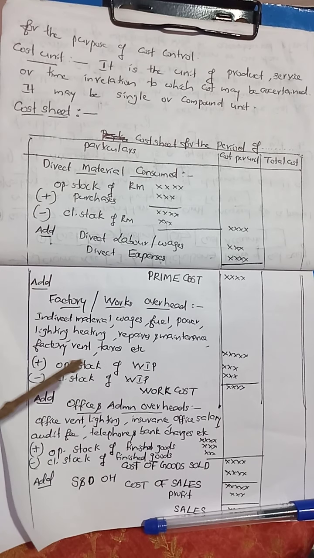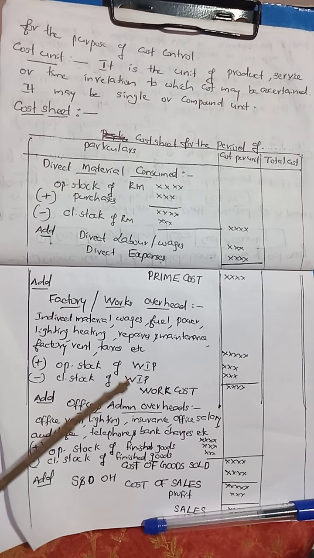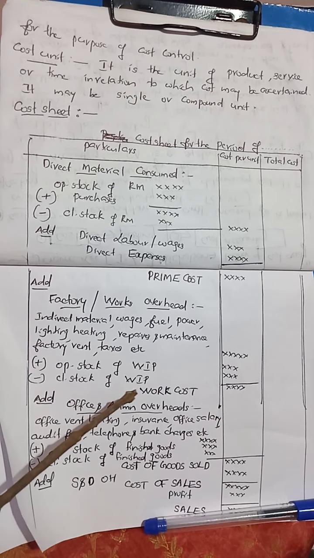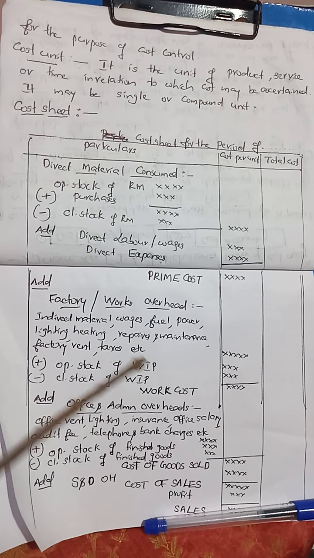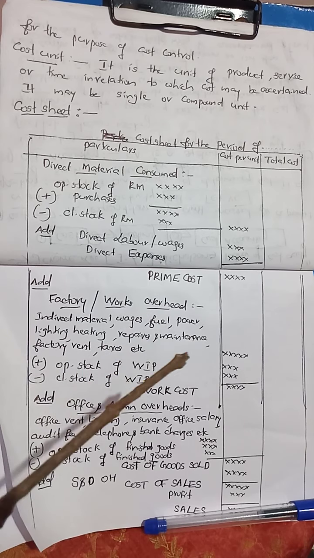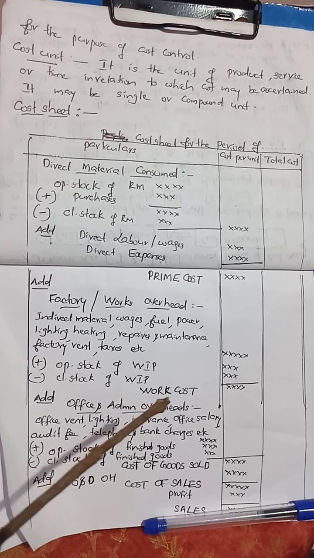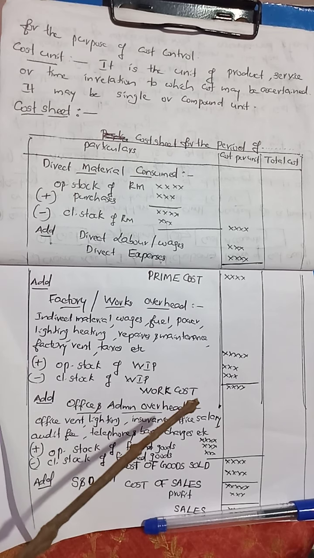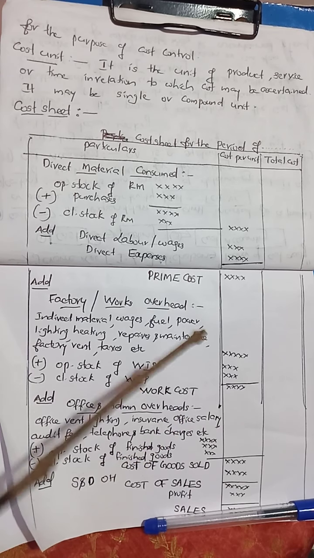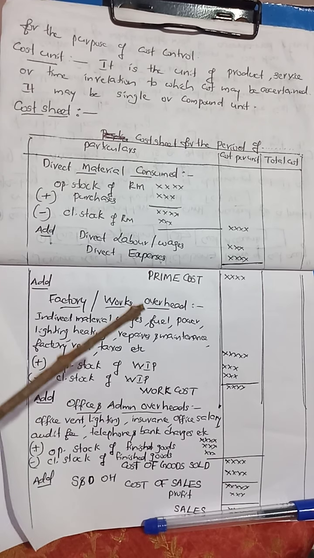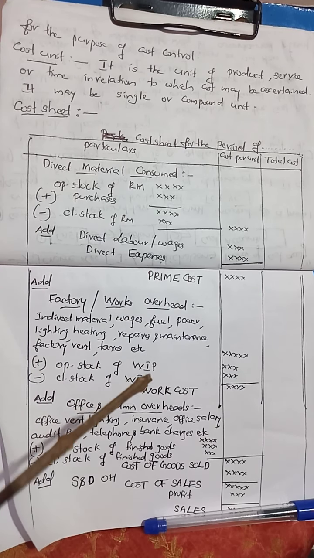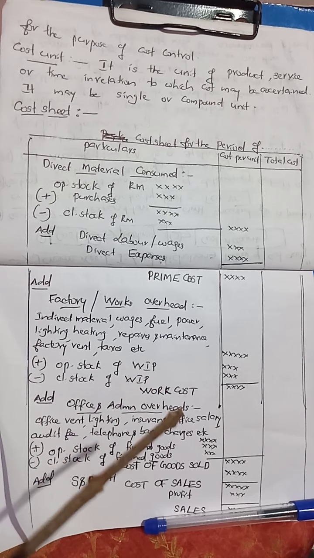If there is any information regarding work in progress, the opening stock of work in progress and closing stock of work in progress, add the opening stock of work in progress to this amount and deduct the closing stock of work in progress, then we will get the next output, that is work cost. Work cost is the sum total of all prime cost together with all factory overhead after making adjustment with regard to work in progress. Okay, this is the work cost.